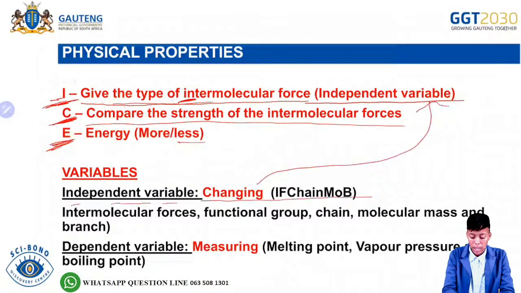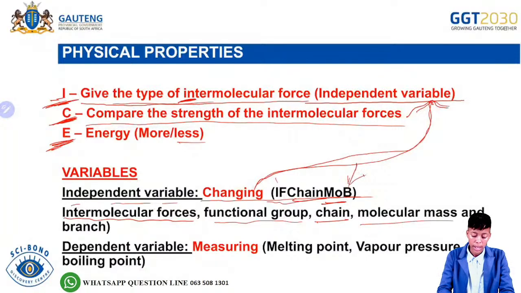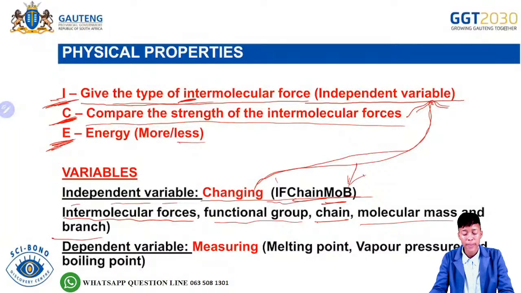You can use this IF chain more, whereby the capital letter I represents the intermolecular forces, F represents your functional group, the chain MO represents your molecular mass, and the last capital letter B represents whatever branches you have.